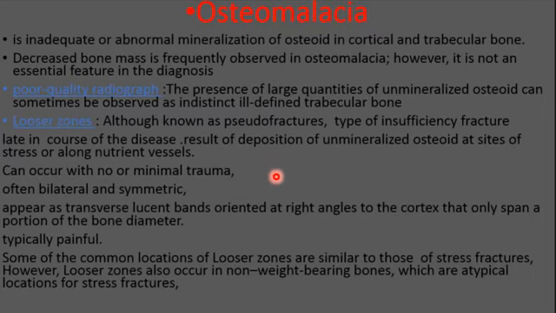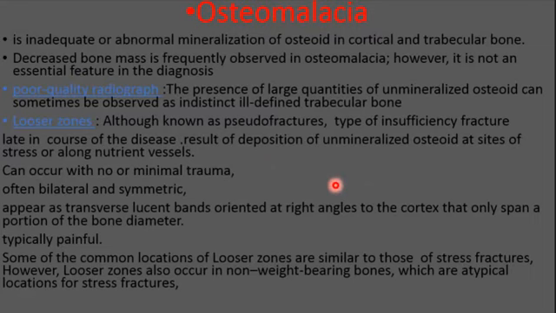Looser zones, also known as pseudofractures, are a type of insufficiency fracture occurring late in the course of the disease, resulting from a deposition of unmineralized osteoid at the sites of stress or along nutrient vessels.